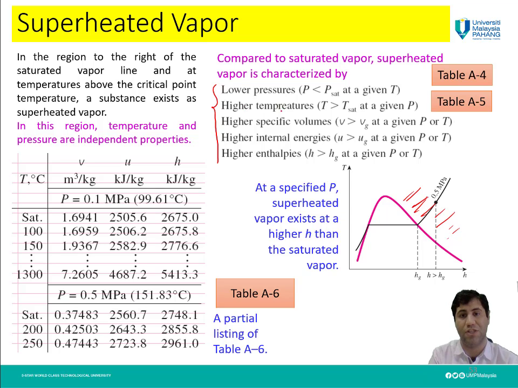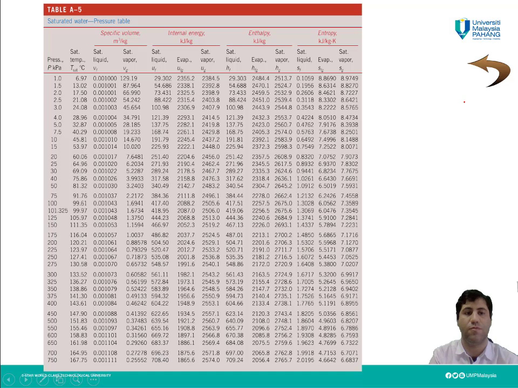And also we can check with the temperature. At high temperatures we also have superheated vapor. But what do we mean by this high? Again, we can check with table A5. In table A5, we have different pressures and the saturation temperature for the respective pressure.